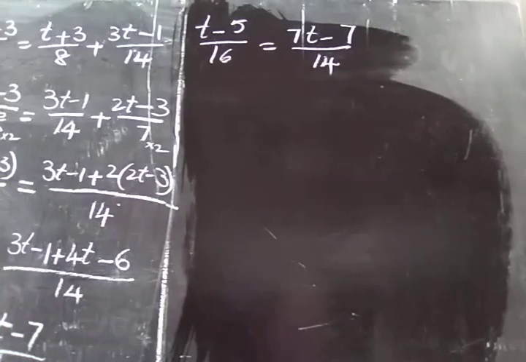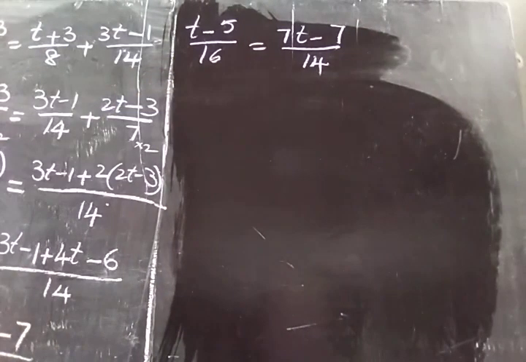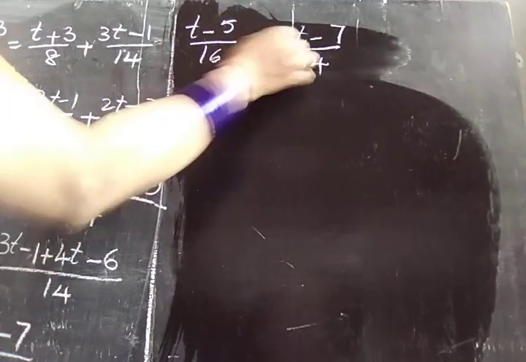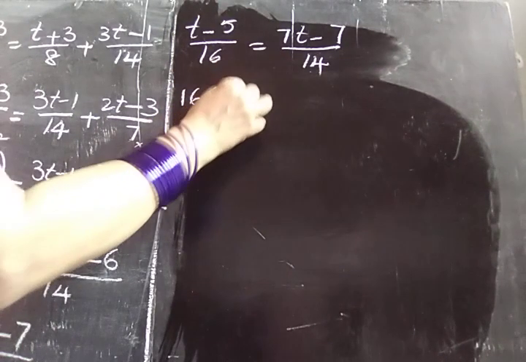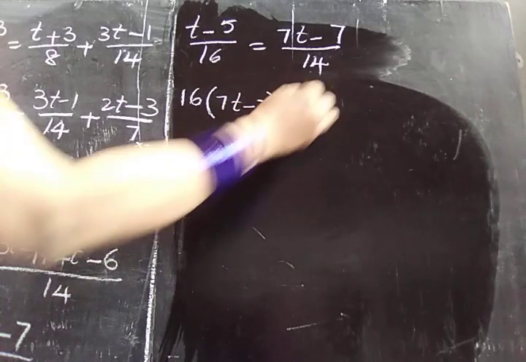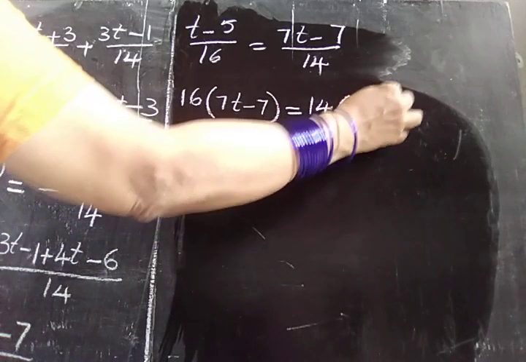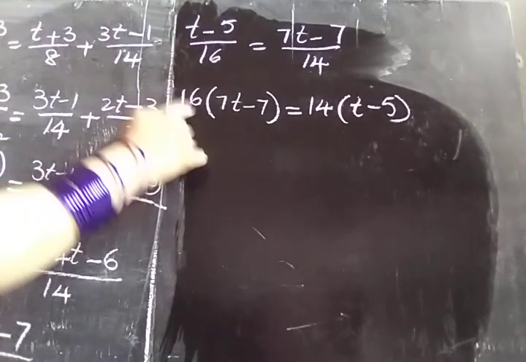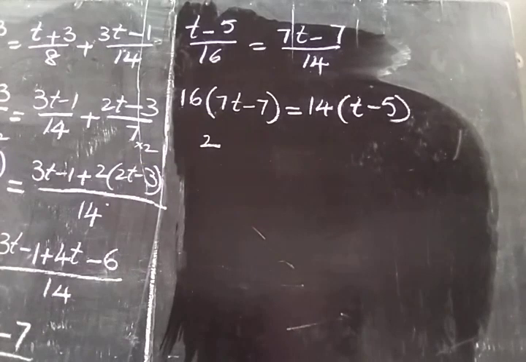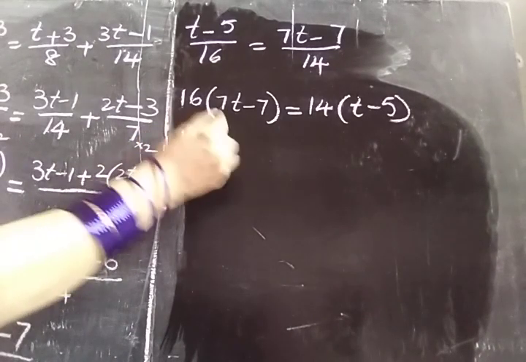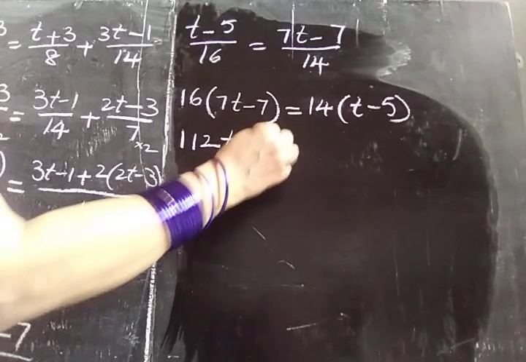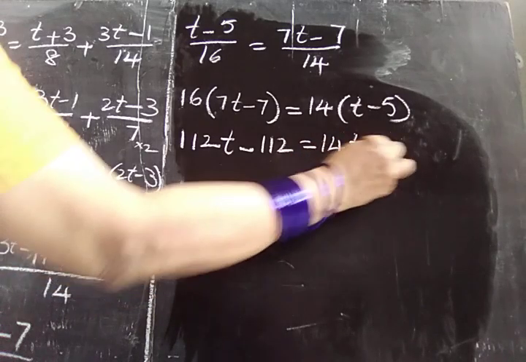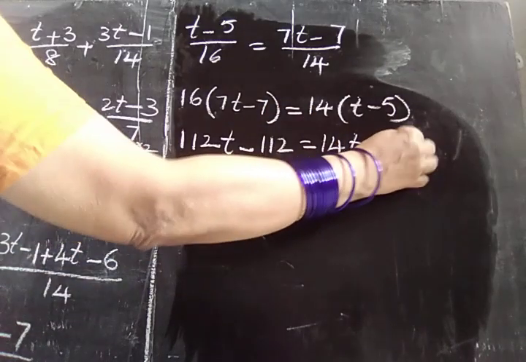Okay. Do cross multiplication. 14 into this one and 16 into this one. Have to write first this one. 16 into (7t − 7) is equal to 14 into (t − 5). Now 16 into 7, 6 7s 42, 7 ones 7 plus 4, 11, so 112t minus 112 is equal to 14 into t, 14t, minus 14 5s are 70.